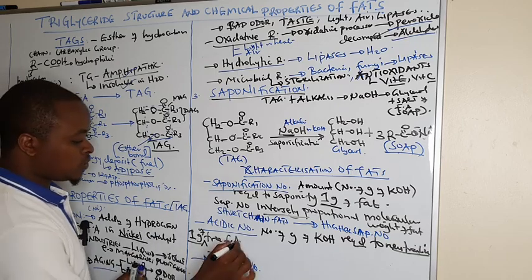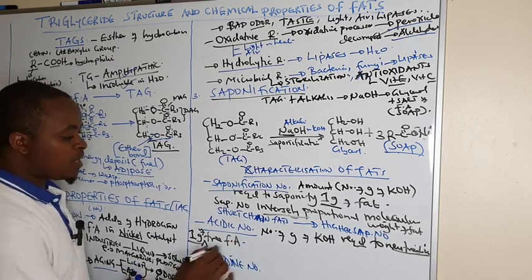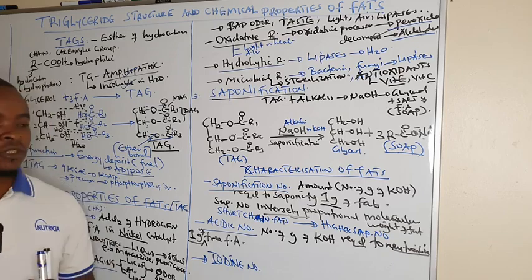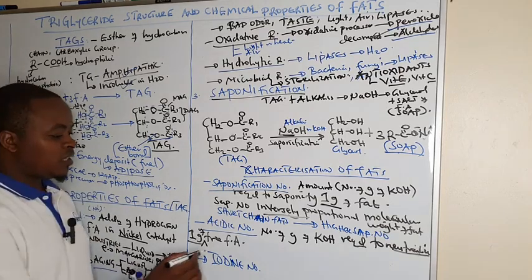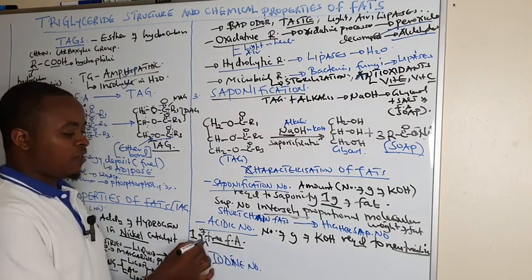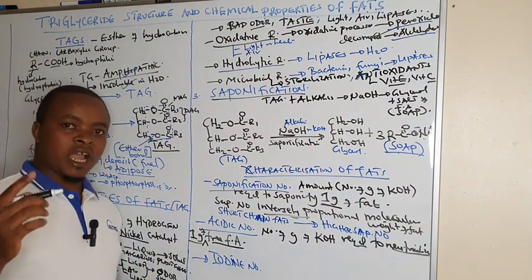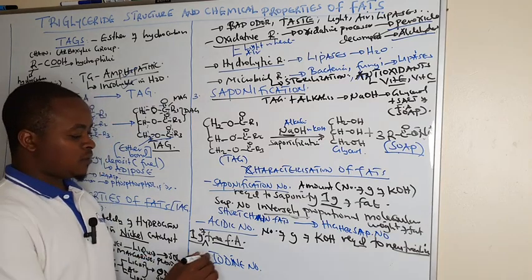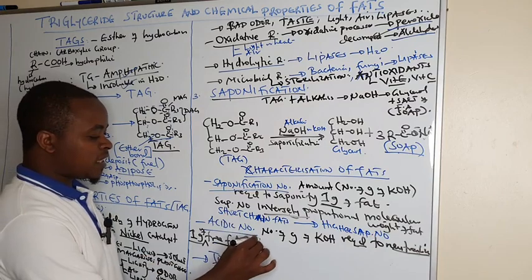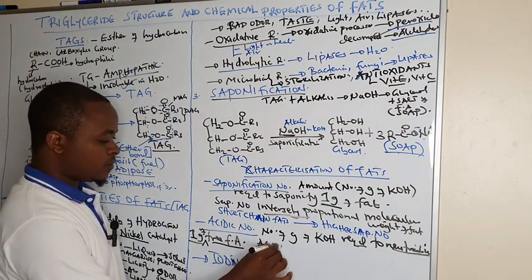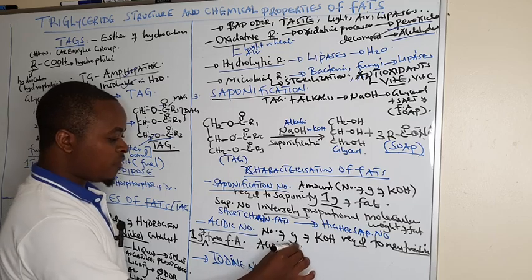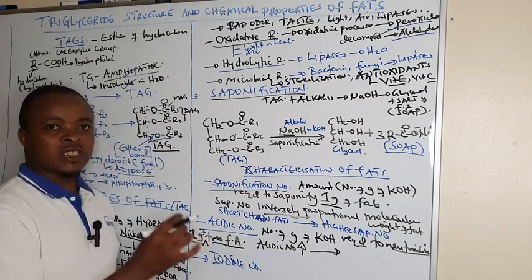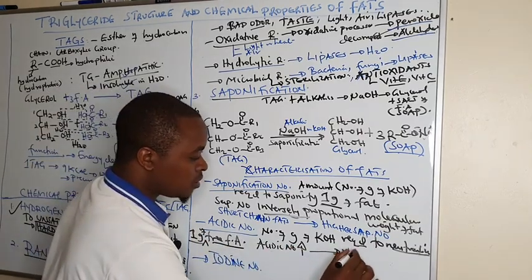And this one is used to determine the edibility, to see if fats are edible or not edible. And we know that free fatty acids are not good for health. So if the acidic number of the fat is high, it means that this fat is not good for consumption.